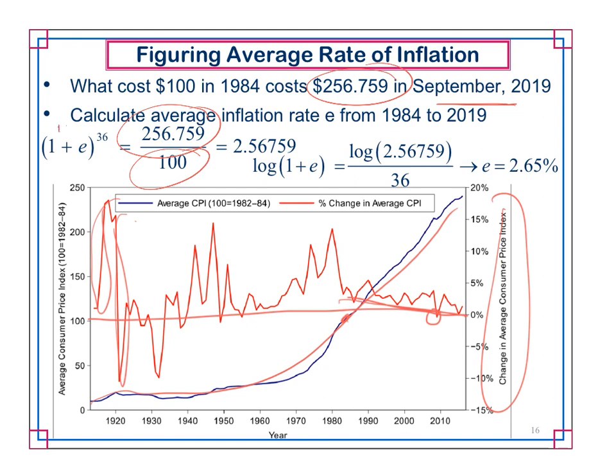So this is the formula that we've been using for the last couple classes, (1 + i)^n, and you're just going to solve for i. So I just solved that to get what we've averaged for inflation for the past 30 plus years, which is about 2.65%.